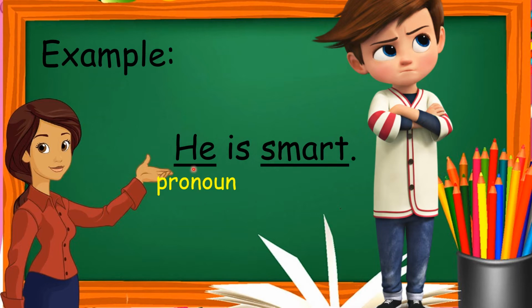We can say Marco is smart, or he is smart. He replaces the name of Marco because he is a boy. The word smart is the adjective that describes the pronoun he, or describes Marco.